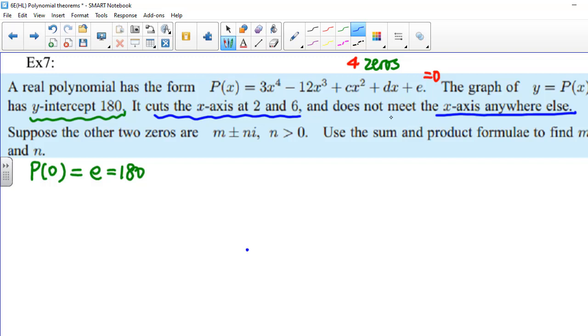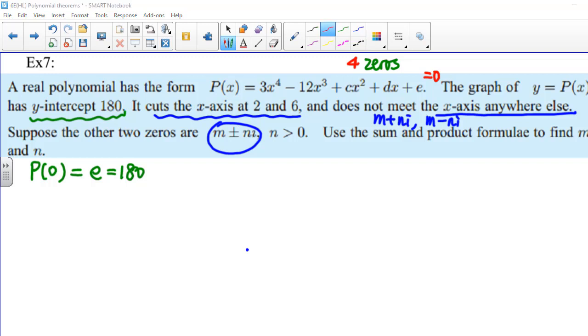So I can let the other two zeros be m plus ni and m minus ni. If two imaginary zeros occur together, they must occur in a pair, in a conjugate pair. This is why we can understand why the question supposed the other two zeros as m plus minus ni.